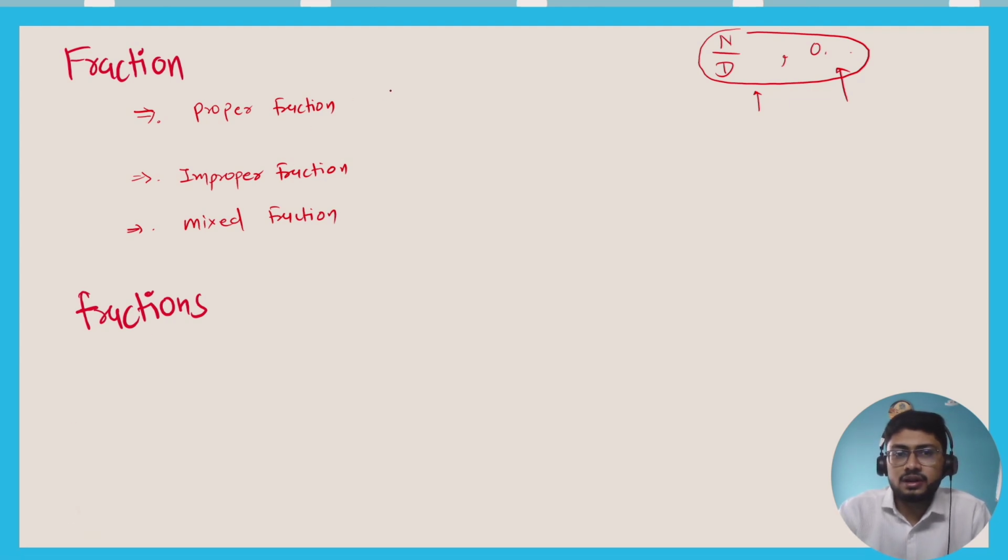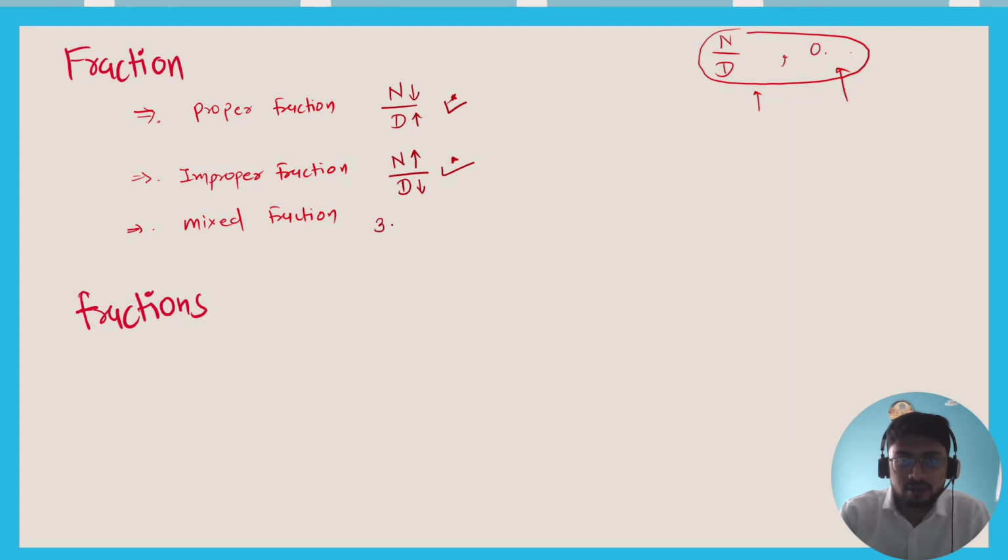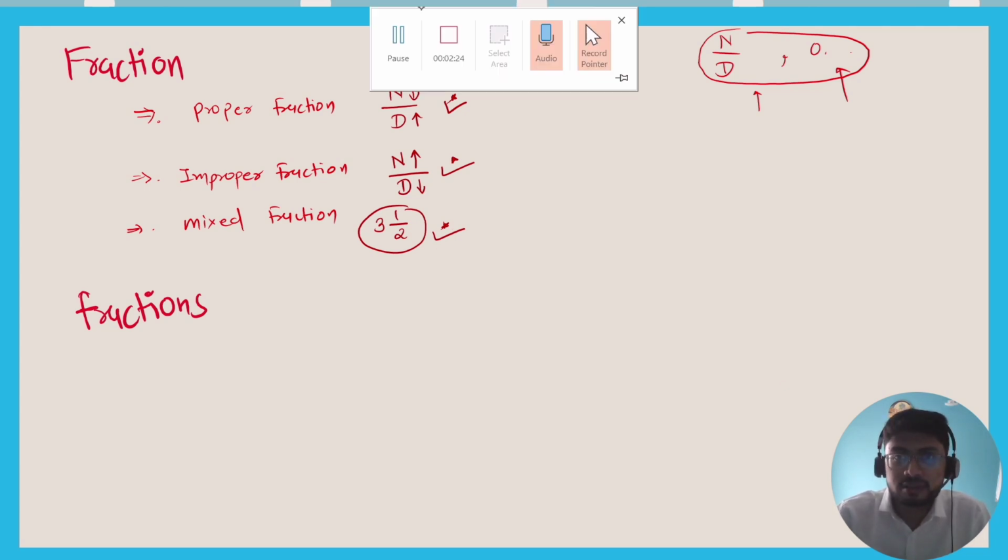Proper fraction means what? When the numerator is less and the denominator is more, it's a proper fraction. What is an improper fraction? Vice versa. Numerator is high, denominator is less. And what is a mixed fraction? In a mixed fraction we have the combination of a number and then a proper fraction. This is known as a mixed fraction. Am I clear? Yes or no?